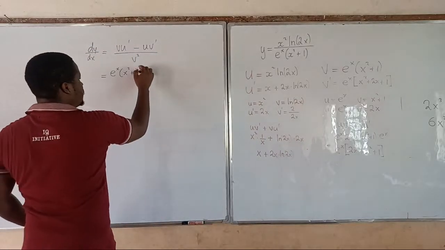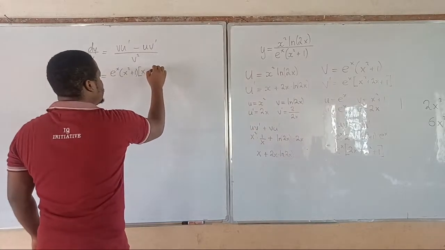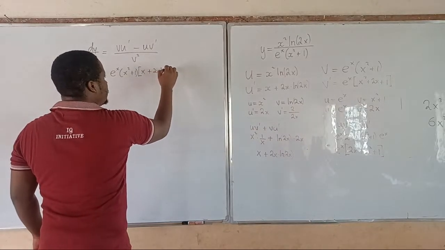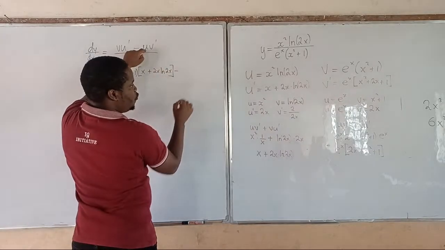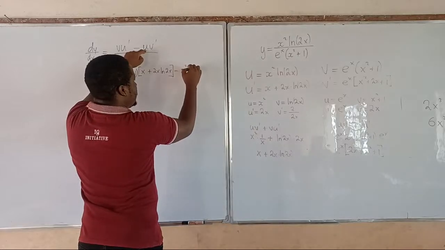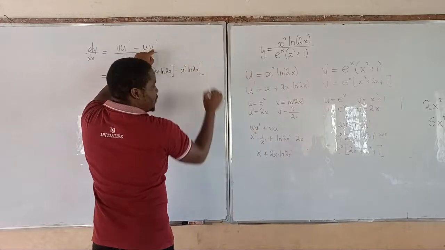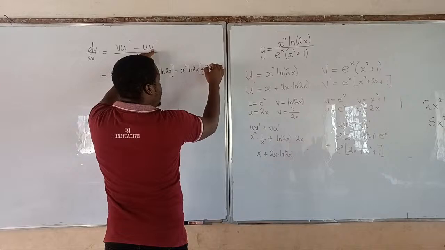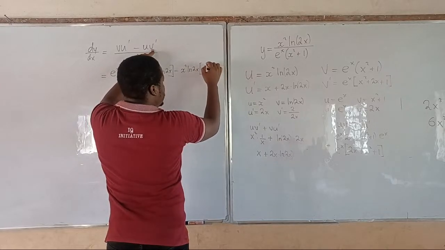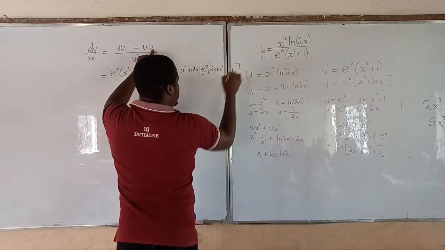So what is u? We have x plus 2x ln 2x, minus, what is u? x squared ln 2x. What is v prime? V prime is this guy, which is e^x, open bracket, again, we have 2x plus x squared plus 1.